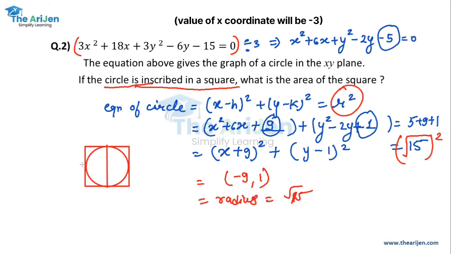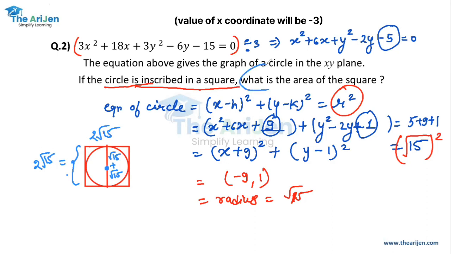So you know that this side of the square and your diameter will be the same. So if my radius is √15, what will then be the diameter? √15 plus √15, that is 2√15. And so this will be the value of the side of the square.